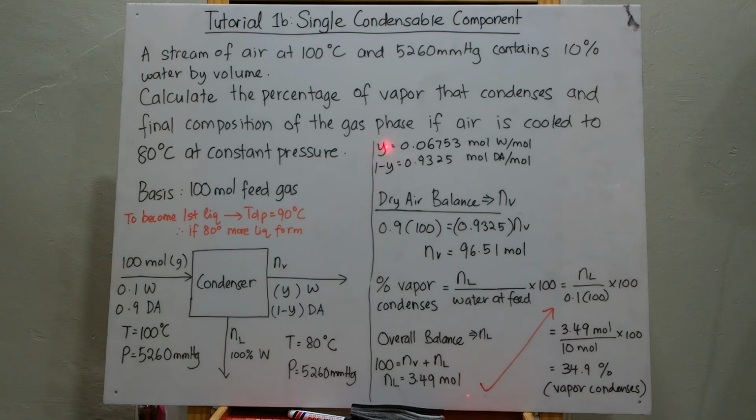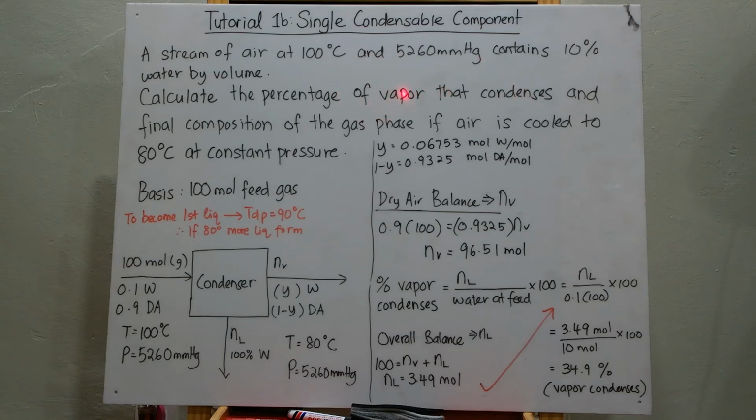We know the mole fraction of water at the outlet is this much, and the mole fraction of dry air at the outlet gas line is this. Now we are going to find the percentage of vapor that condenses. This vapor refers to water vapor.